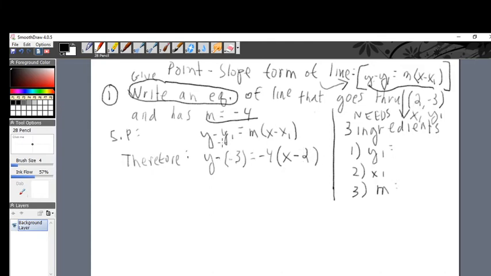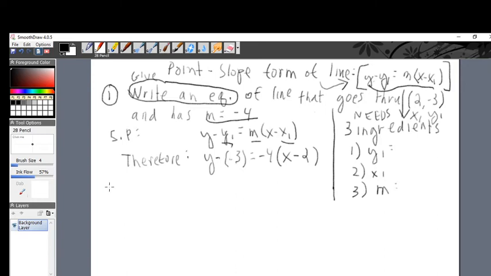So we needed to fill in a y1, an x1, and an m. Where does it come from? Here's our x1, right there. Here's our y1. And here is our slope right here.